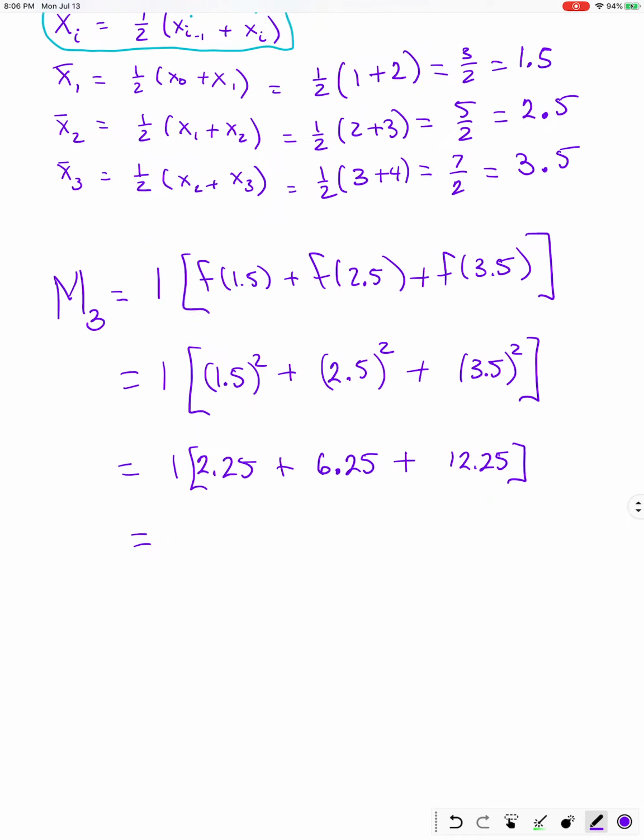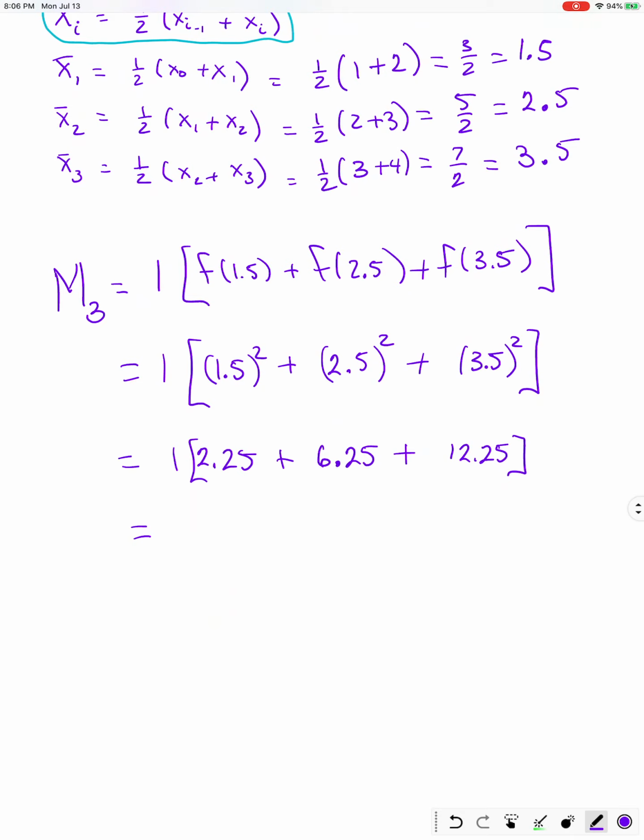So then I just add those values up. So I get 2.25 plus 6.25 plus 12.25. When I add all those values up, I got 20.75.